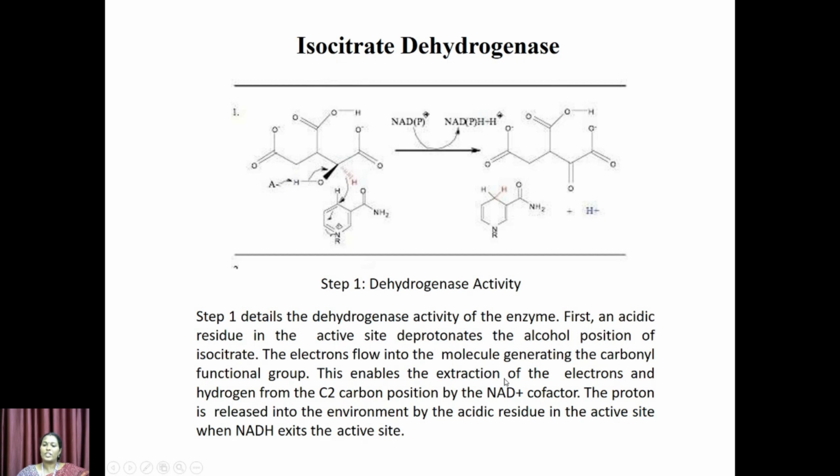This enables the extraction of the electrons and the hydrogen from the C2 carbon position by the NAD plus cofactor. The proton is released into the environment by the acidic residue in the active site when NADH exits the active site. NAD plus is converted into NADH plus H plus.